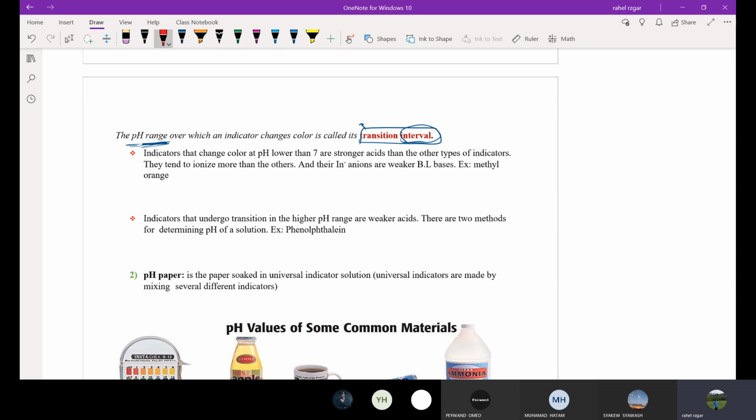Now we'll classify indicators. Before that, please delete this part and write it again here. It should have been here. It was a mistake that I have made.